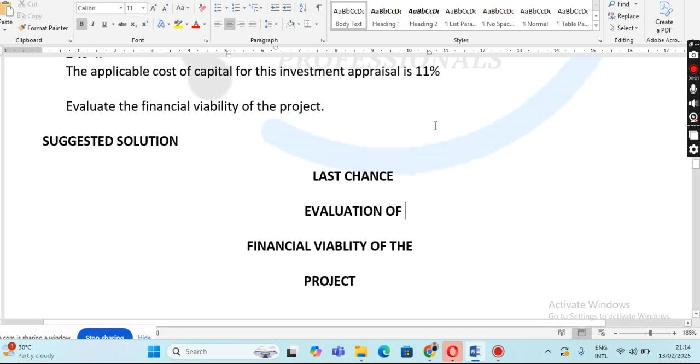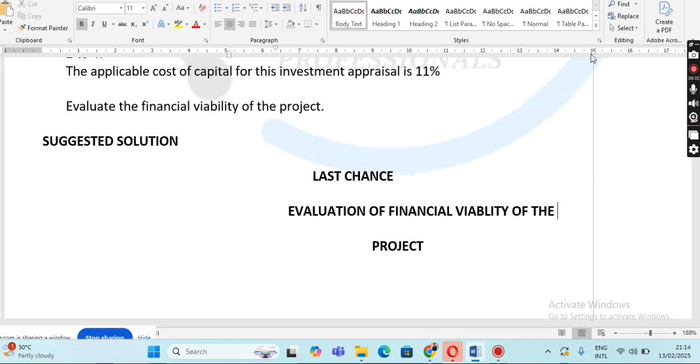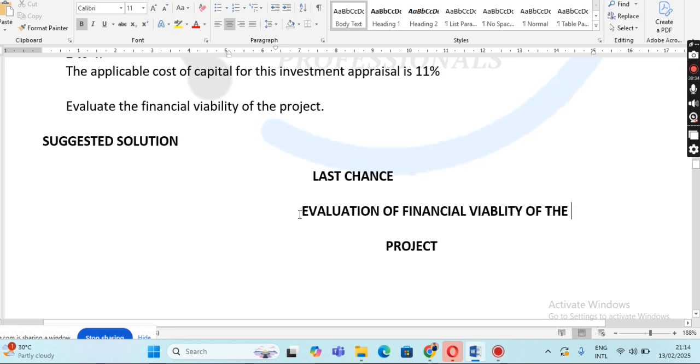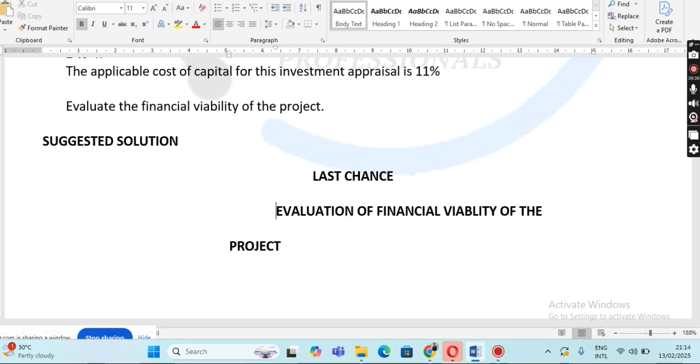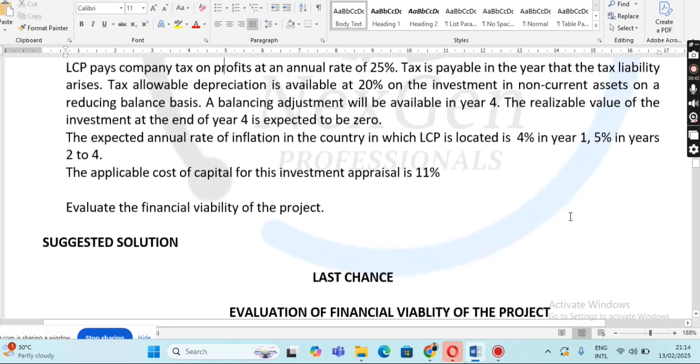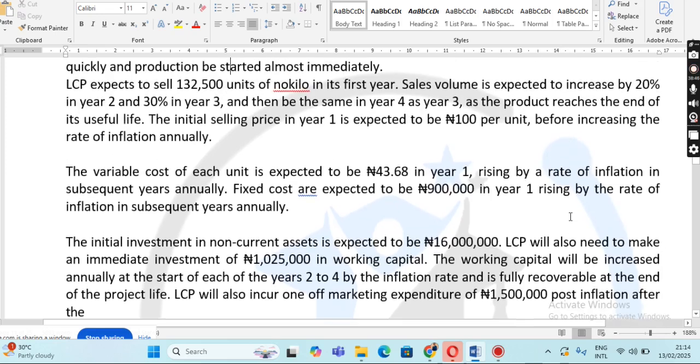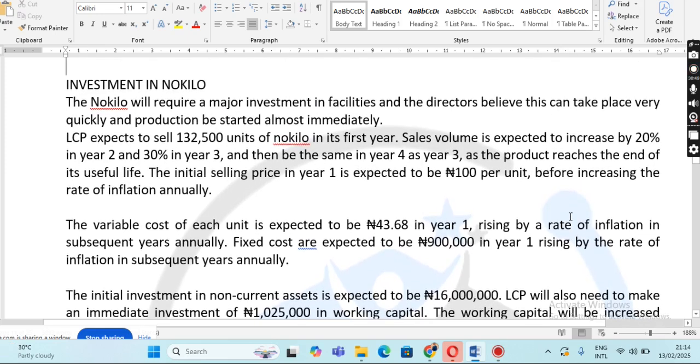Evaluation of financial viability of the projects, right? So, what is it now? Okay, how many years first? Before you do this, let's do our workings. Let's do our workings. I will teach you the shortcuts so that we can move ahead.